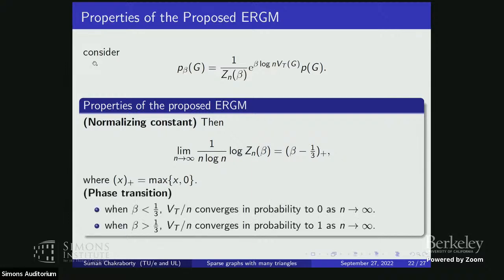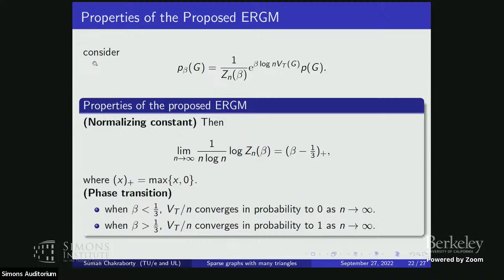When beta is less than 1/3, the fraction of vertices that are part of a triangle converges to 0. When beta is bigger than 1/3, the fraction of vertices that are part of a triangle converges to 1. So maybe you should take beta equal to 1/3 plus theta over n or something. Next slide. Oh, sorry, coming there.